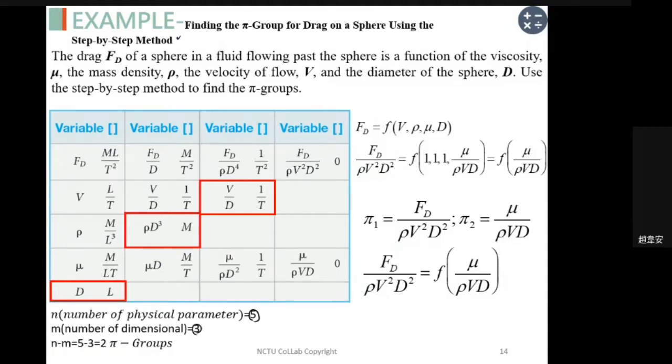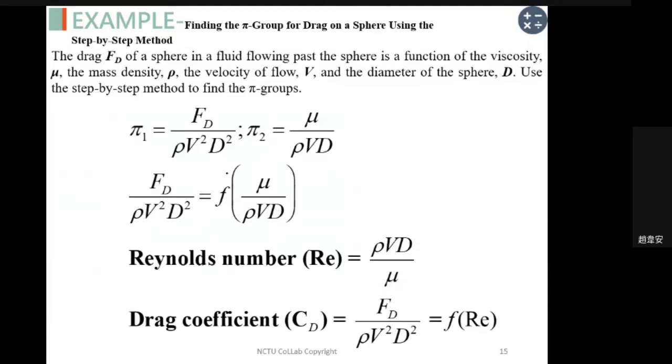So for this problem, we will have two pi groups, and based on this dimensional analysis, we finally know that the drag coefficient is a function of the Reynolds number. The slide just summarizes the result here.